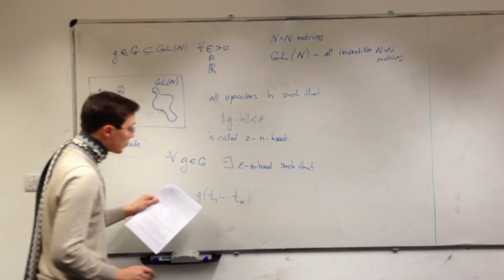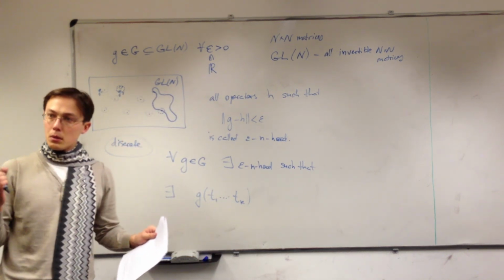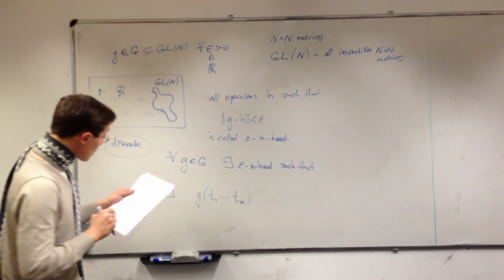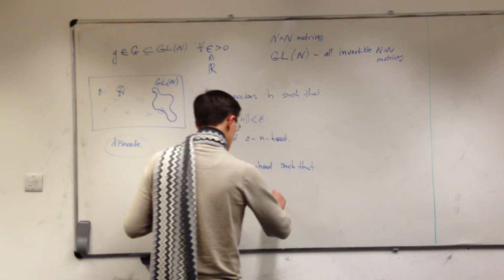Remember, the propagator group didn't just depend on time, it also depended on the strength of all the interactions that were there, so there are multiple parameters in general. That is continuous.